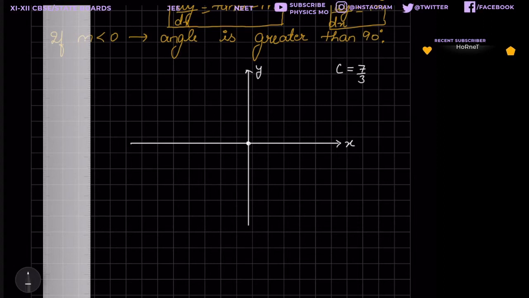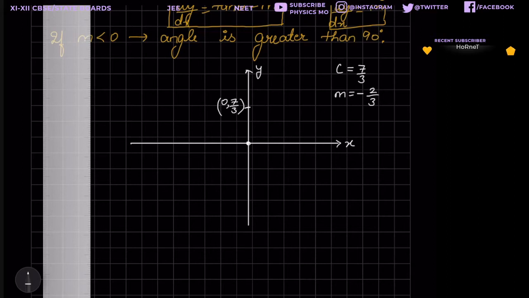So if you wish to locate this c is equals to 7/3 on y-axis, this value is something greater than 2, है ना. आप इसे सॉल्व करोगे तो ये 2 से थोड़ा सा ज्यादा आएगा. तो let's say if we draw this, और ये यहाँ पर आ जाता है, this is 0, 7/3, ऐसा कुछ है. Then we know that this value c is 7/3 और ये पॉजिटिव है, तो मैंने ये ऊपर बना दिया.